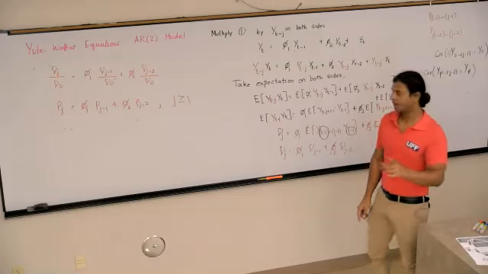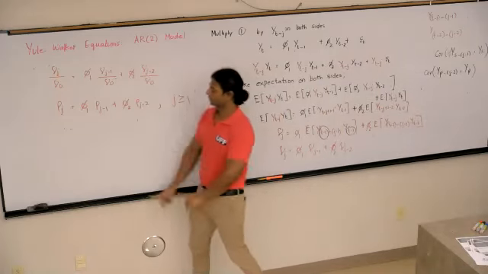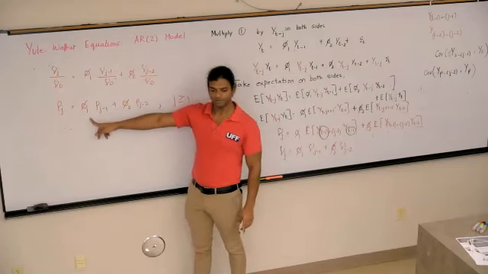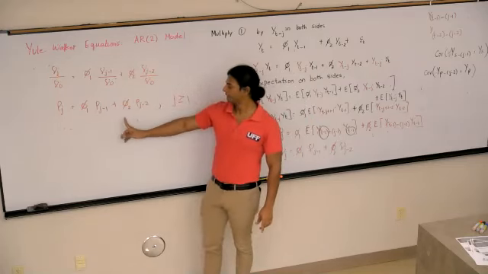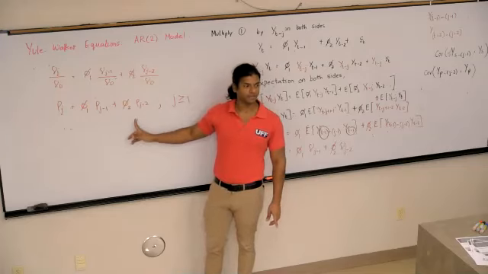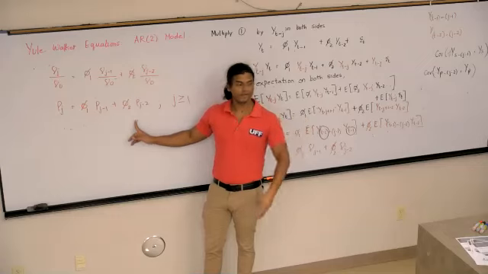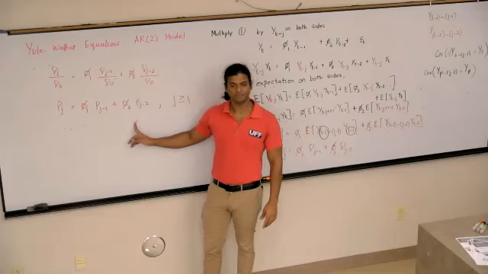Good. If you plug in 1, rho 1 would equal phi1 rho naught plus phi2 rho negative 1. Go back and look at the rho 1 that we derived. Does it match up? Yes.